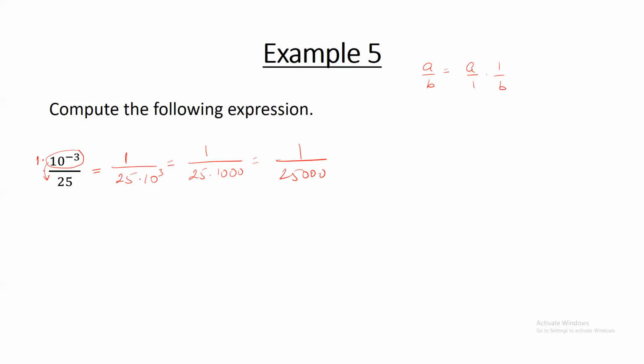We can always separate the numerator and the denominator. So 10 to the negative 3 over 1 times 1 over 25. And as you can see, the 10 to the negative 3, that part becomes 1 over 10 to the positive 3. And that's why the 10 to the third moves to the bottom.